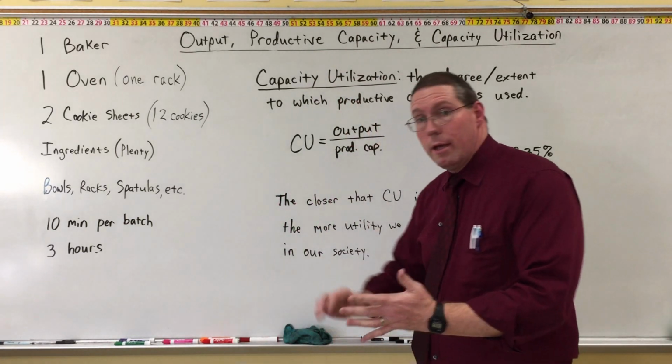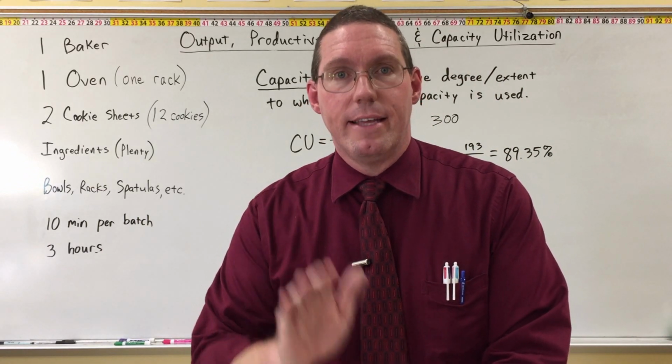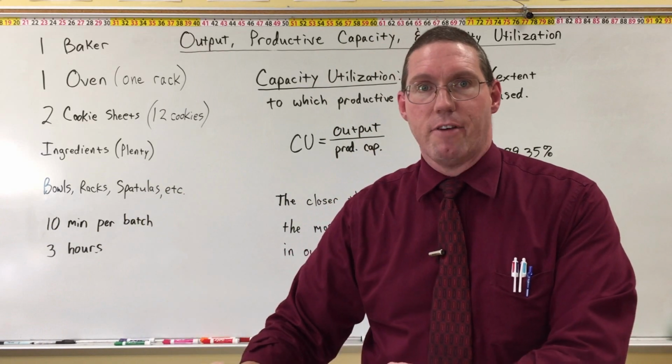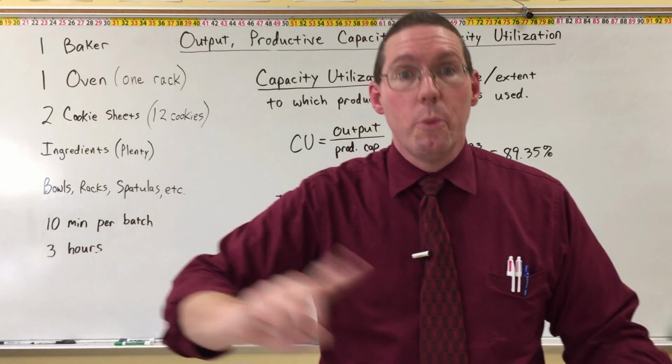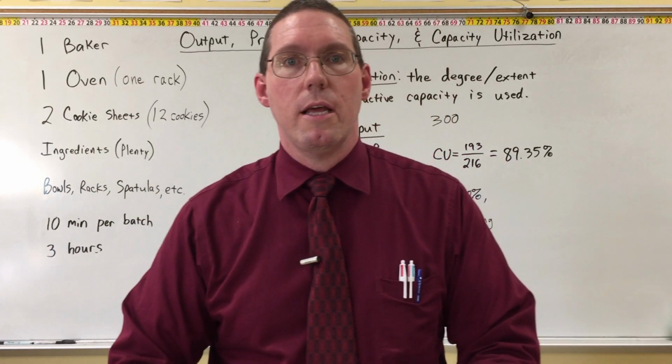I want to remind you that in macroeconomics, our primary goal is to give the people of society the most satisfaction that they can have. We want to give them as much satisfaction, and next year we want to give them more satisfaction than they had this year. The most utility possible.